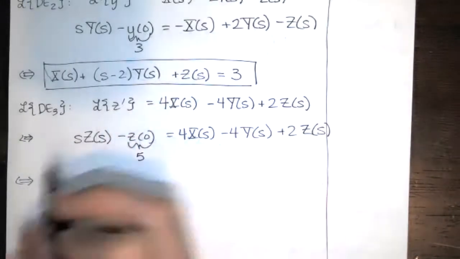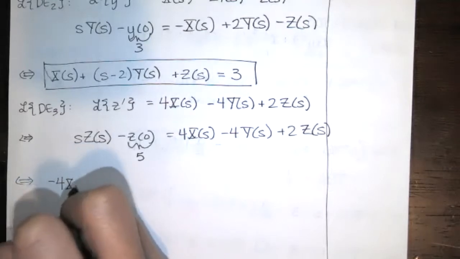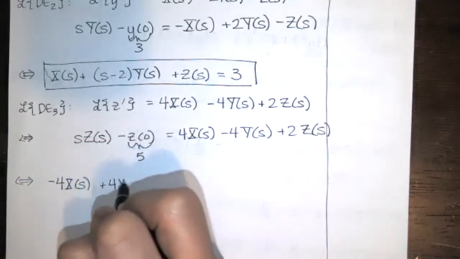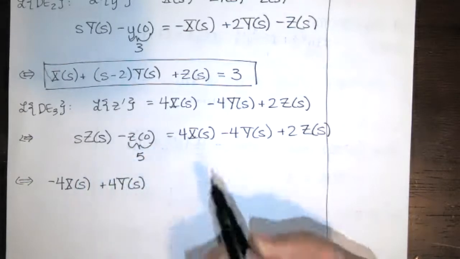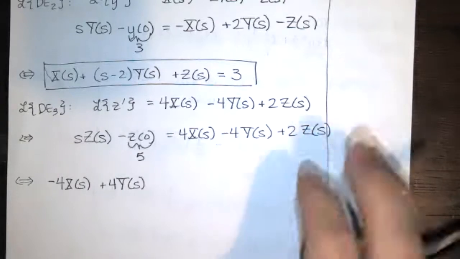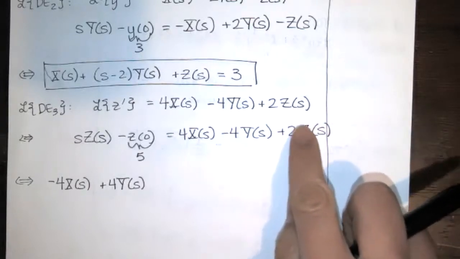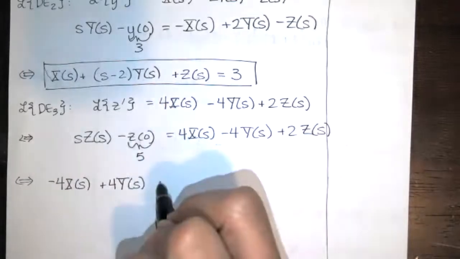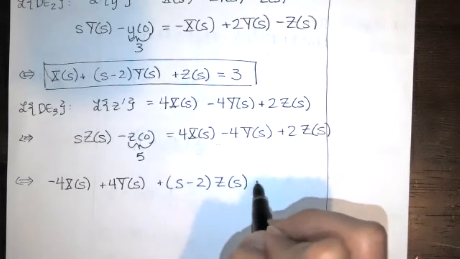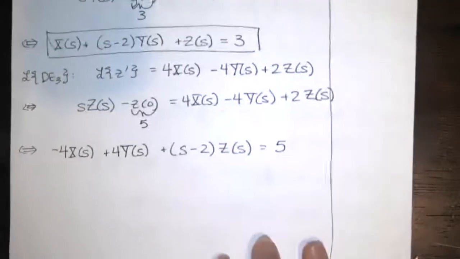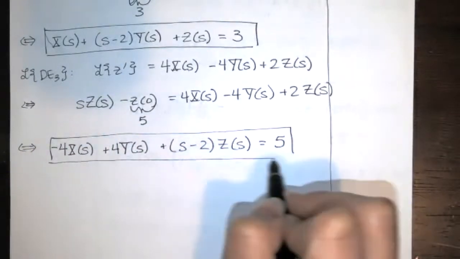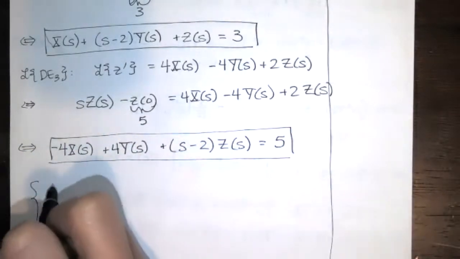So if we subtract 4 times x of s from both sides, we have that. Then we'll add this to both sides to get our y term next. And then we want our z term. So I have s of those here, and I've got 2 of them over here. So when I group them, I'll subtract 2 times that from both sides and then factor out the z. Add 5 to both sides, and we'll end up over there. And so that's our third equation. So we've got 3 equations and 3 unknowns.